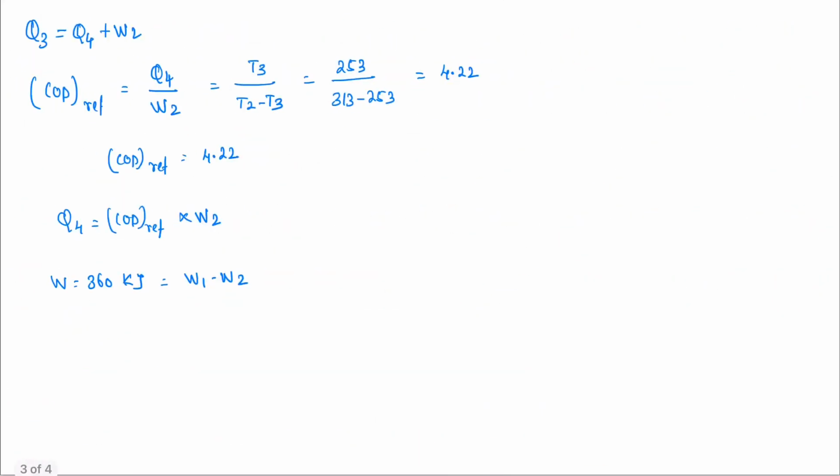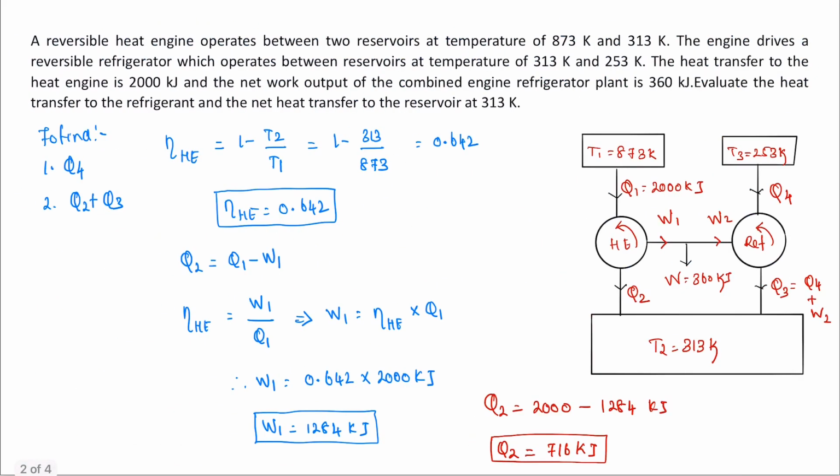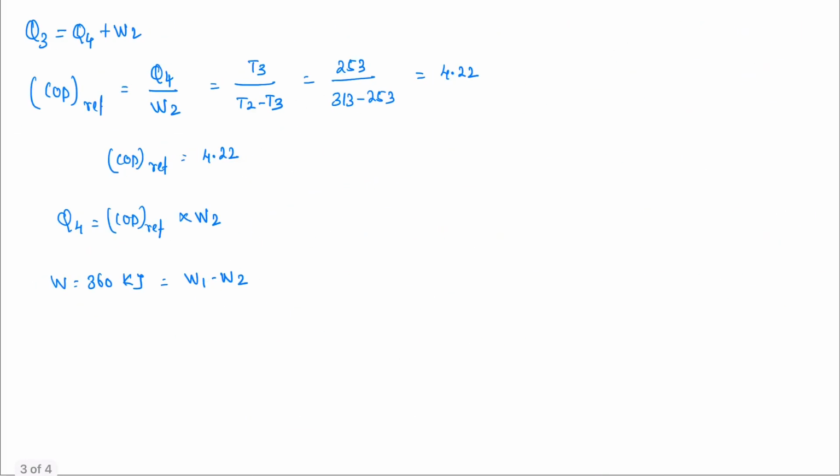Here, the value of W1 should be greater than W2, because the work produced by the heat engine is given to the refrigerator. Therefore, the difference in work is given as 360, and we write W1 minus W2 as 360.